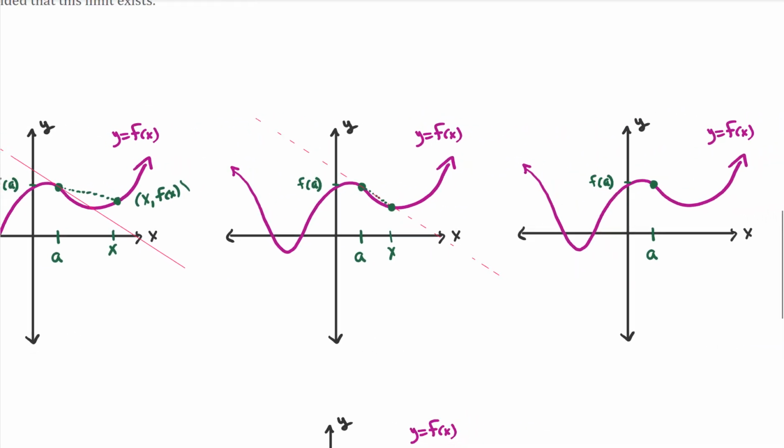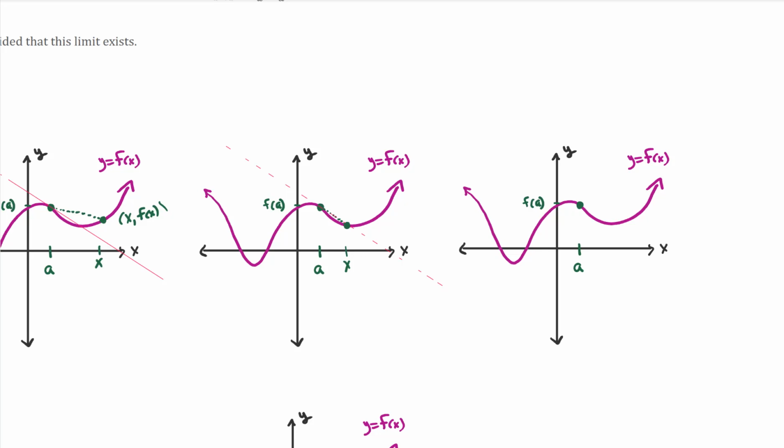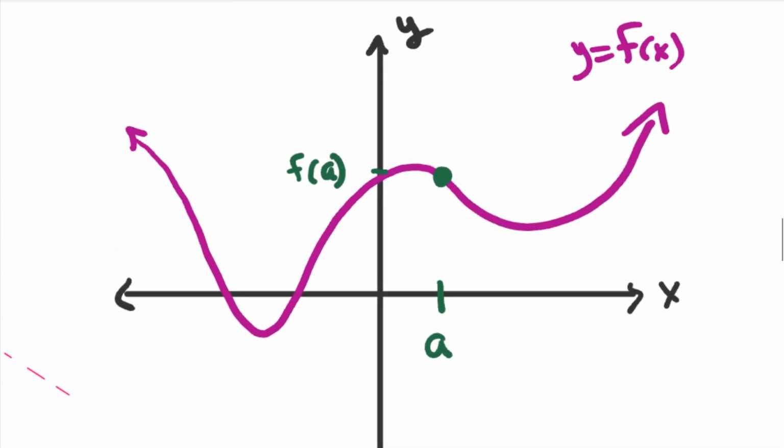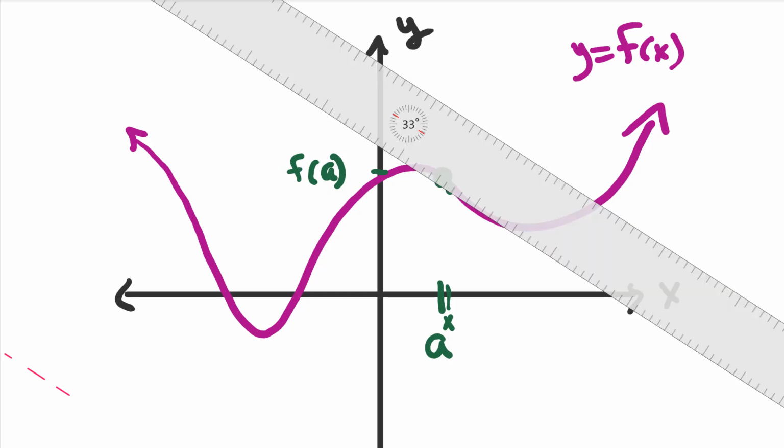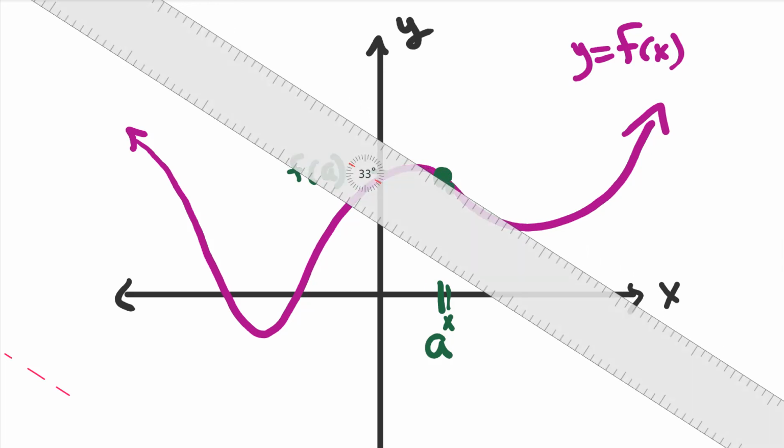But we continue on. Now what happens if we put x right here? Right there, that dot. Wow, it's looking pretty close. Pull out the ruler again, let's find out. Oh, that might be pretty good.